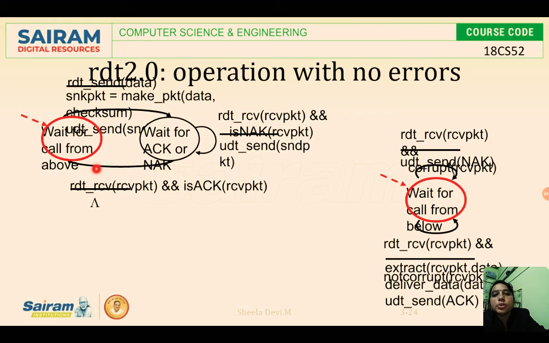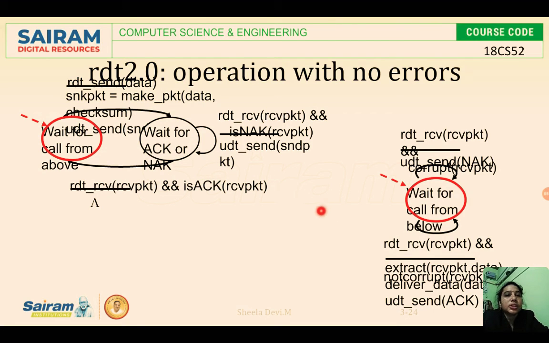First it was in the state wait for call from above, then it moves to the next state, that is wait for ACK or NAK. Why is it waiting here? Until it gets an acknowledgement or negative acknowledgement from the receiver, it will not get new data from the application layer. So it is waiting in the wait for ACK or NAK state. So what happens here?